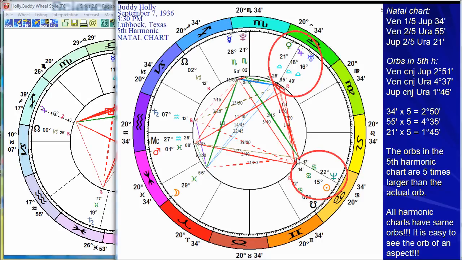So you just interpret it just like you normally would, but it's all in the vibration of 5. It's telling us how he plays. Specifically, how does Buddy Holly play? He plays with exuberance, enthusiasm, excitability to achieve a dream. And there's a lot going on, which means this is an important harmonic that has a big influence over his life.